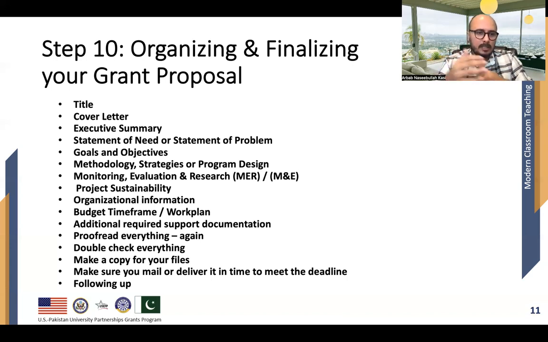It has to be present in the executive summary. Also state the time period, which is a required thing in the executive summary. And also state the results and what they are expecting to achieve in that project. That is going to be included in the executive summary.